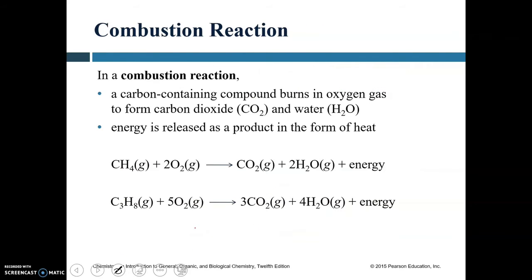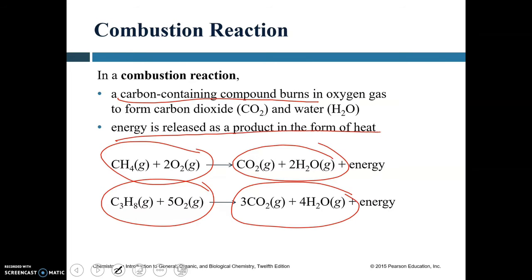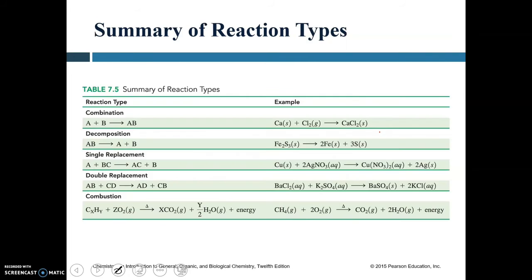In a combustion reaction, a compound that contains carbon burns in oxygen to form carbon dioxide and water. For instance, propane burns in oxygen to form CO2 and water, or methane burns in oxygen to form CO2 and water, and it always releases energy. Energy is released as a product in the form of heat.